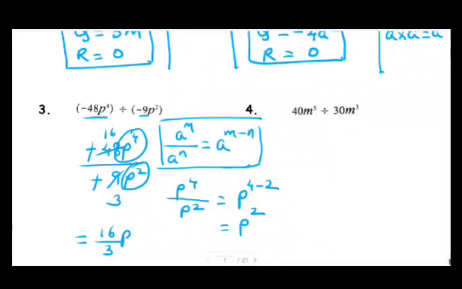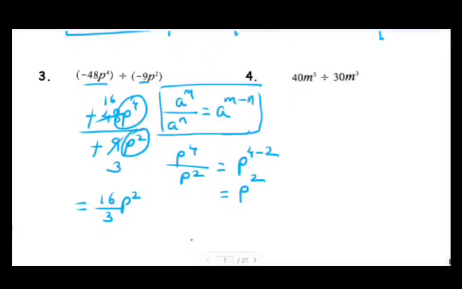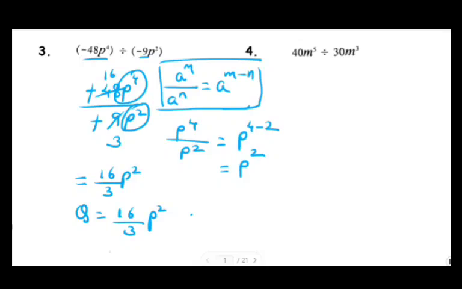So I have my p square out here. That's my quotient. So the quotient is equal to 16 upon 3 p square, and I can write my remainder as 0.